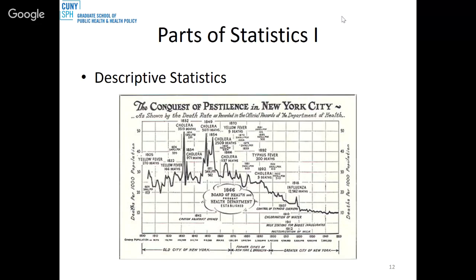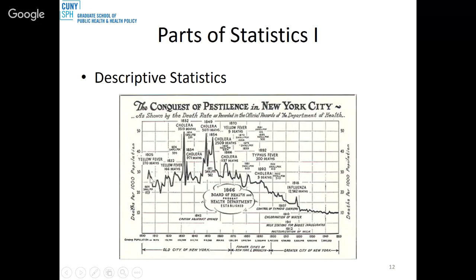This is a very famous descriptive statistic called the conquest of pestilence in New York City that is famous because it has enough data to write an entire paper about, contained in this one paper, and done without even the help of computers. This is a hand-drawn graph. Even the axes here are drawn by hand.